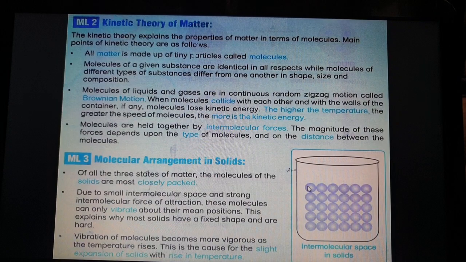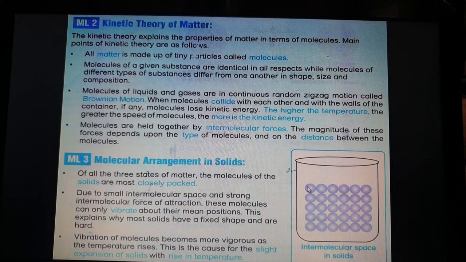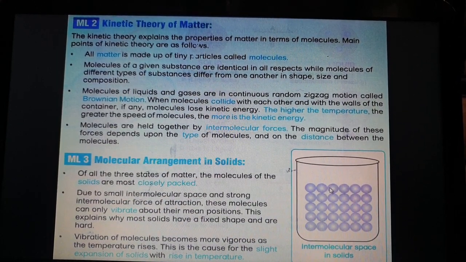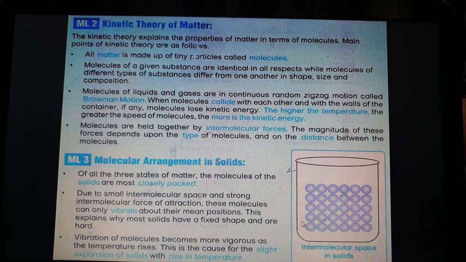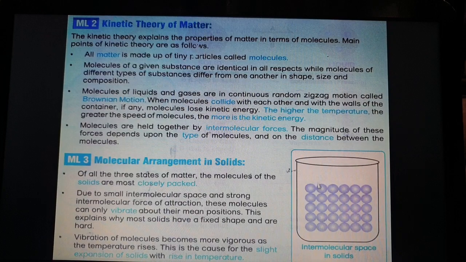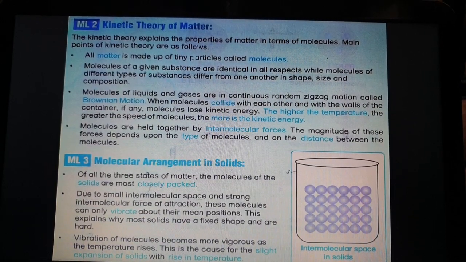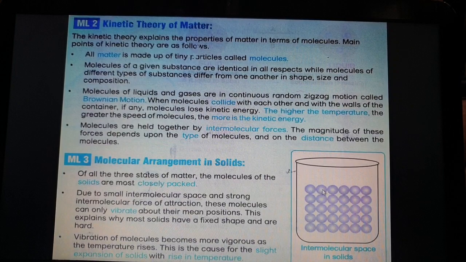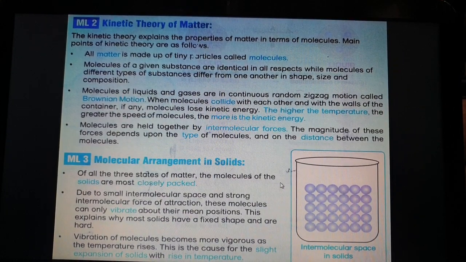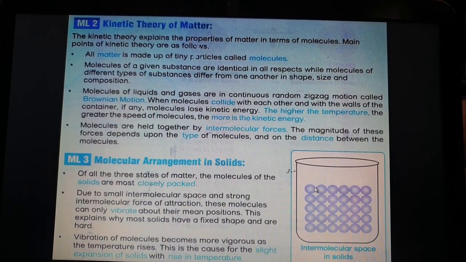But in the case of liquids and gases, these molecules keep on moving in a zigzag manner. Some molecules can go and hit this wall, some will go somewhere else. In the case of gas, as you know, gases are stored inside a cylinder, so they keep on exerting pressure on the cylinder.